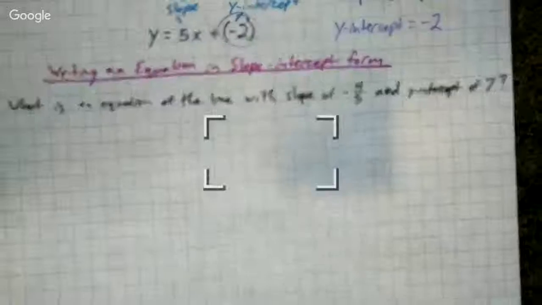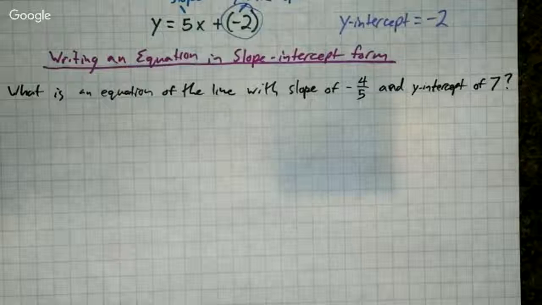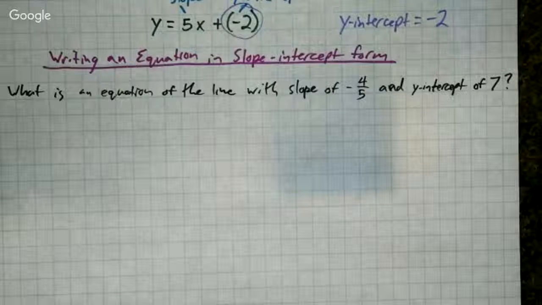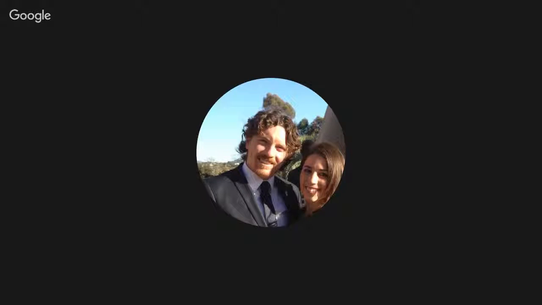So again, now we're going to take the word format. It already gives us the slope and the y-intercept. So all we need to do is use y equals mx plus b. We need to remember where the slope and where the y-intercept is. And we see that we have the slope and we have the y-intercept. So what we need to do is we need to substitute.